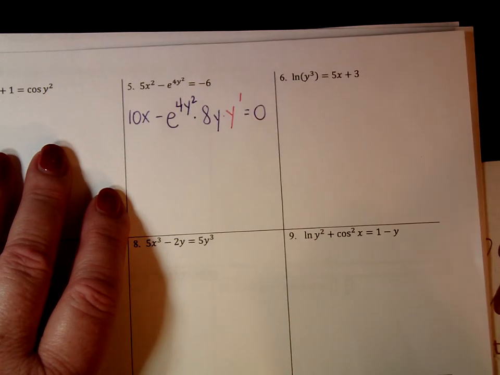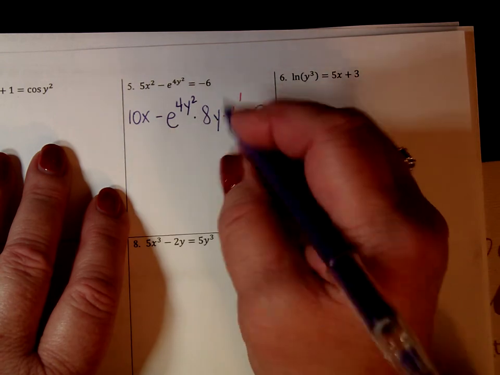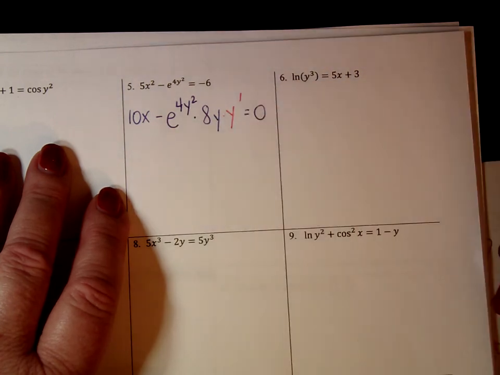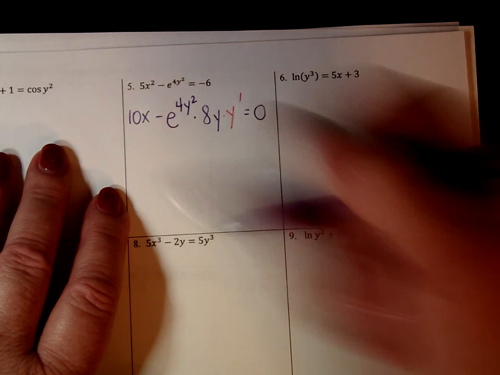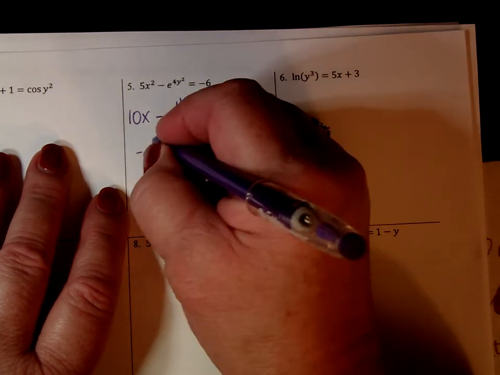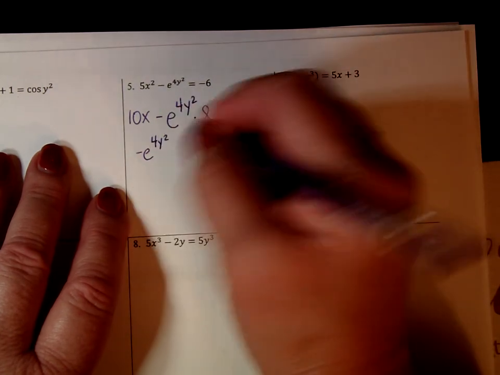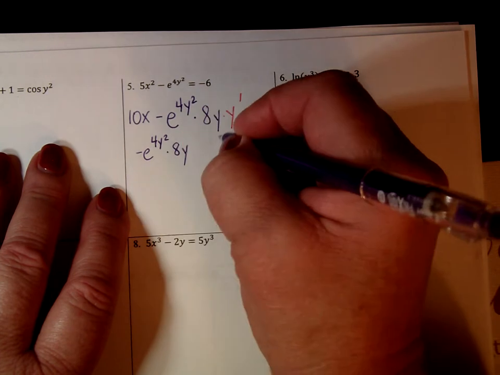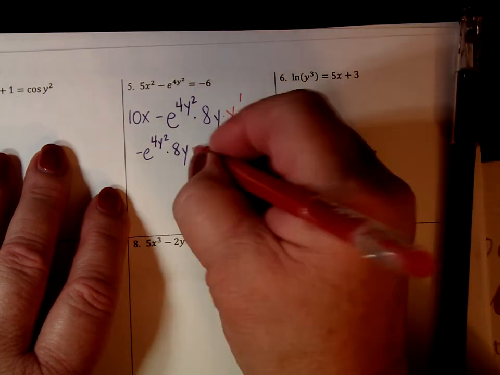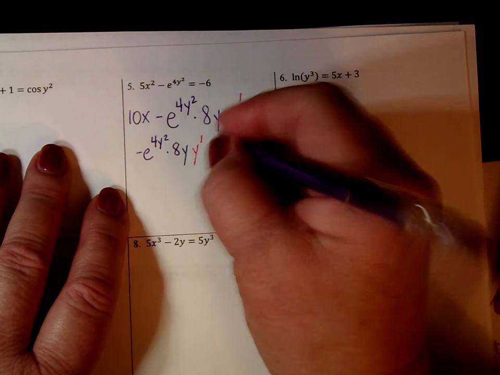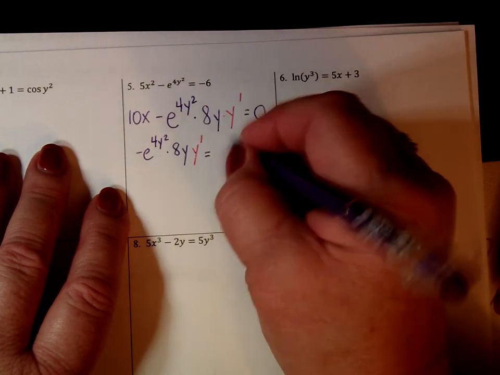Now get to the y prime. 10x has to go to the other side, so I'm going to have a negative e to the 4y squared times 8y y prime equals, 10x to the other side is a negative 10x.